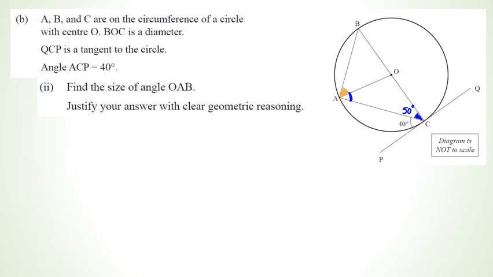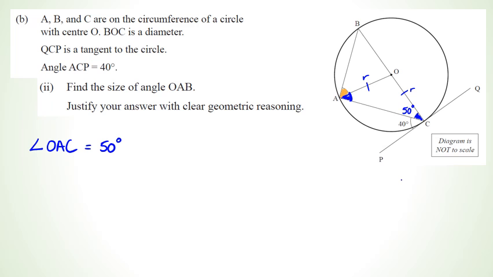So what we can say then is angle OAC. All right, OAC is basically this blue little angle here. It's going to equal 50 degrees. The reason it's going to equal 50 degrees is because we know that OAC is an isosceles triangle, and these two sides are the radius of the circle, and therefore it's an isosceles triangle.